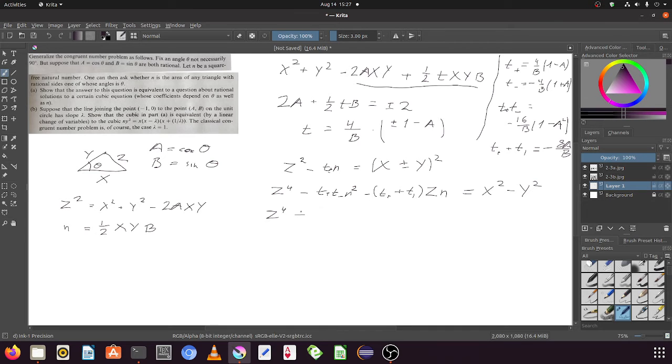Was the product. Oh, this equals b squared. Lovely. Minus gives plus 8a divided by b, zn.